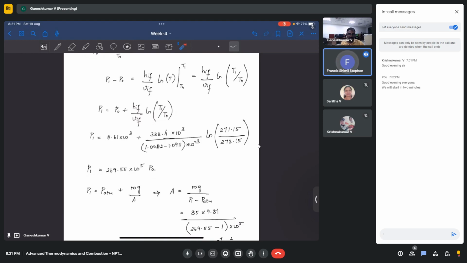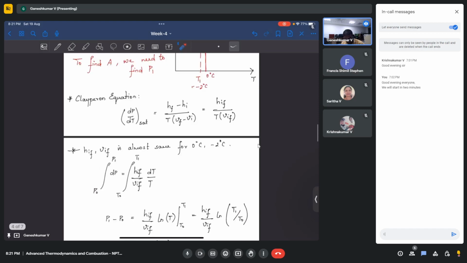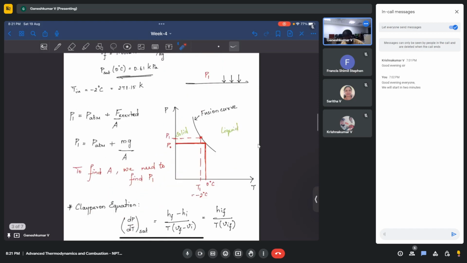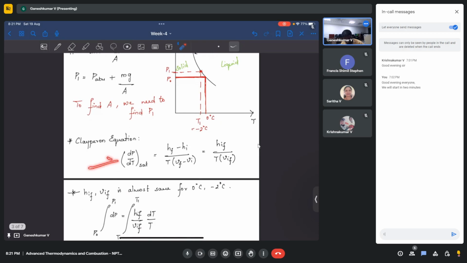So is there any specific reason that we use this Clapeyron's equation? Right. The reason to use it is to approximate and get the saturation pressure in the surroundings. That is the reason we use the Clapeyron equation along the fusion curve.